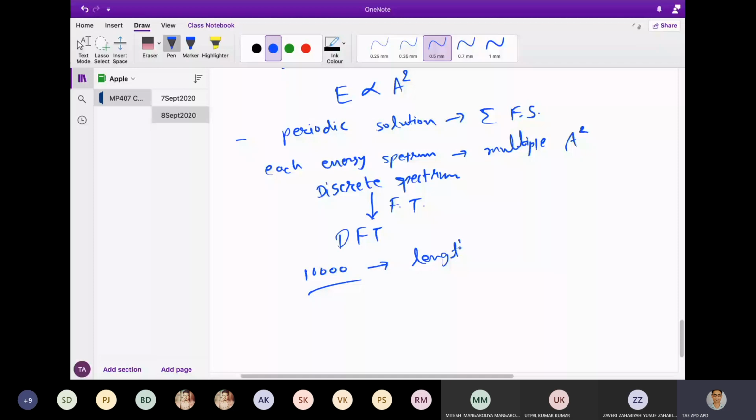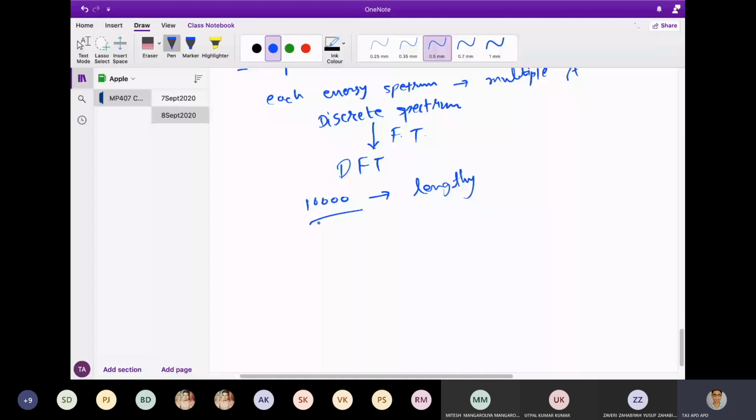It's very difficult to do just by pen and paper. So that's why we develop computational tools. One such technique to perform this DFT is called the fast Fourier transform.